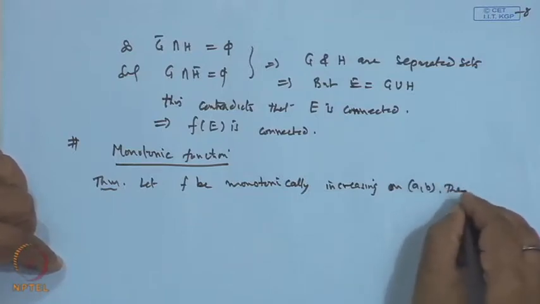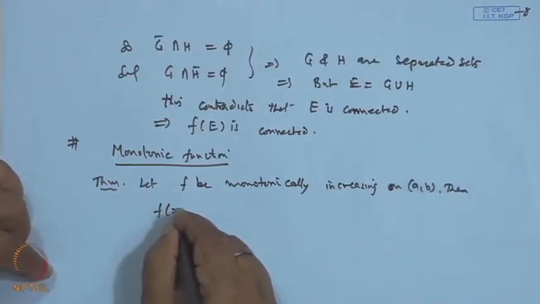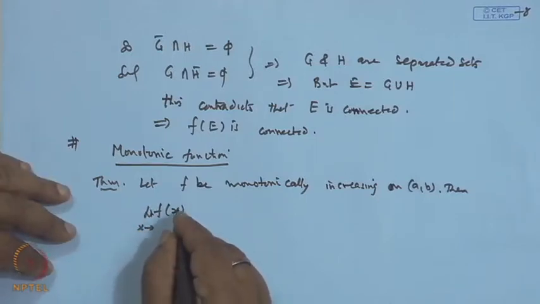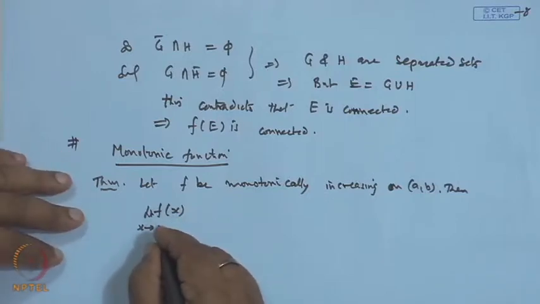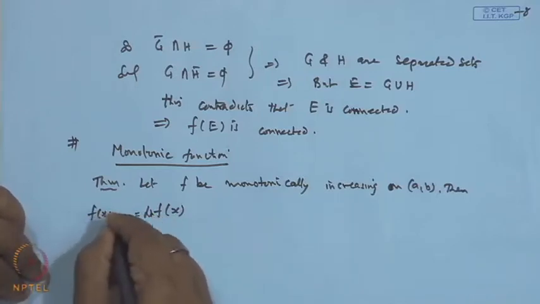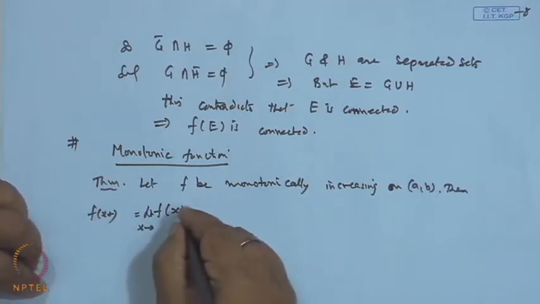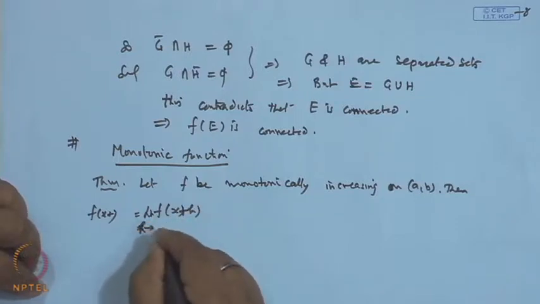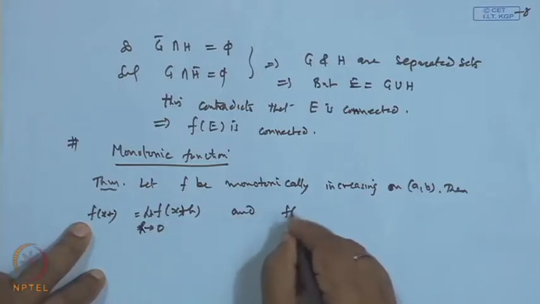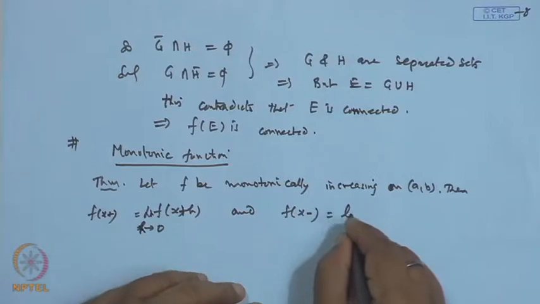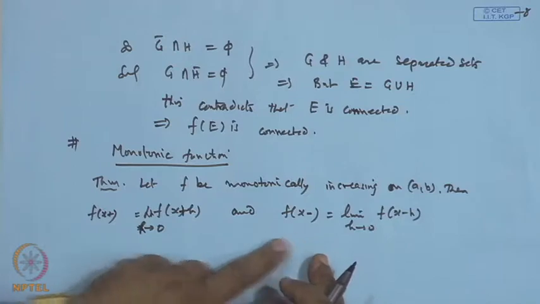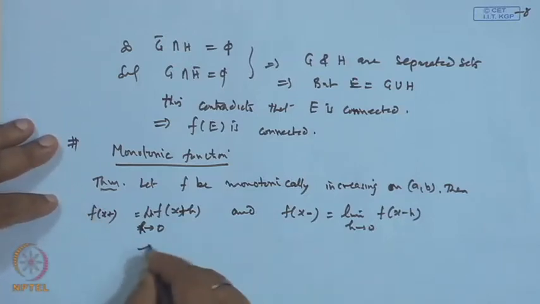Then the right hand limit of f(x) when x tends to x plus, that is f(x+), which is the limit of f(x+h) when h tends to 0, and f(x-), the left hand limit, which is the limit of f(x-h) when h tends to 0, both exist.